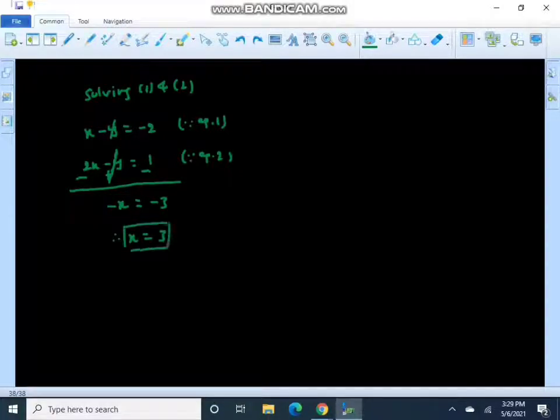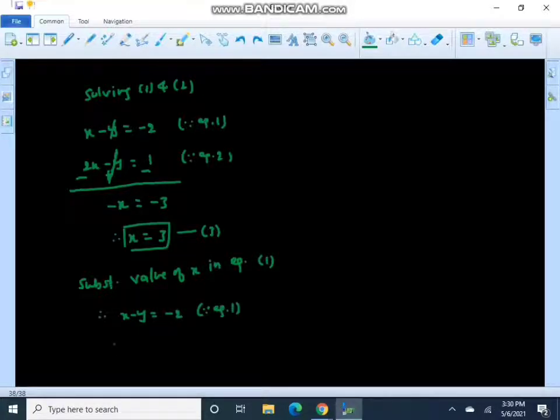3. Now substituting this value of x in equation 1. Therefore, x minus y is equal to minus 2.